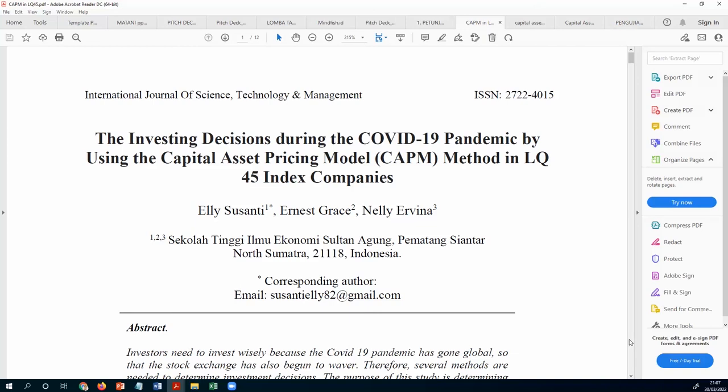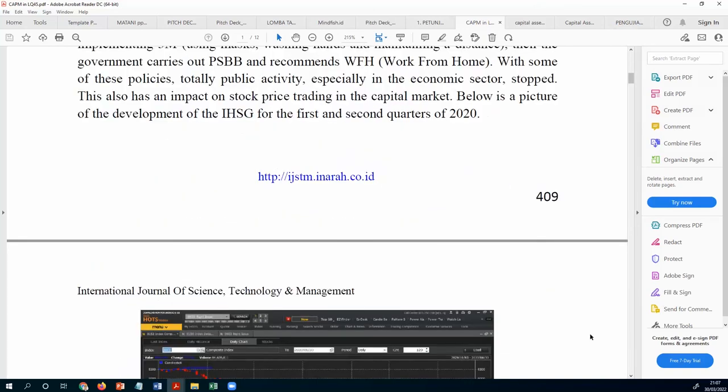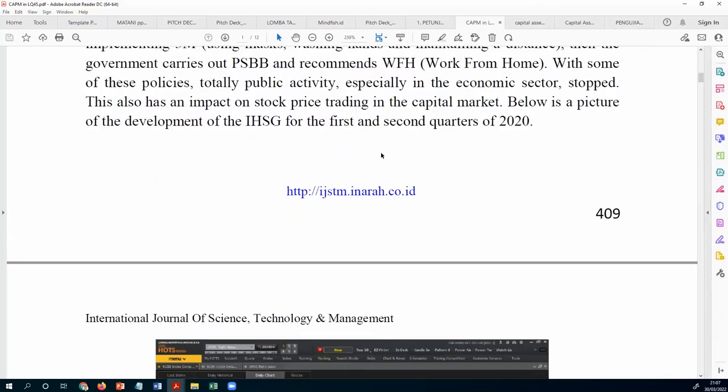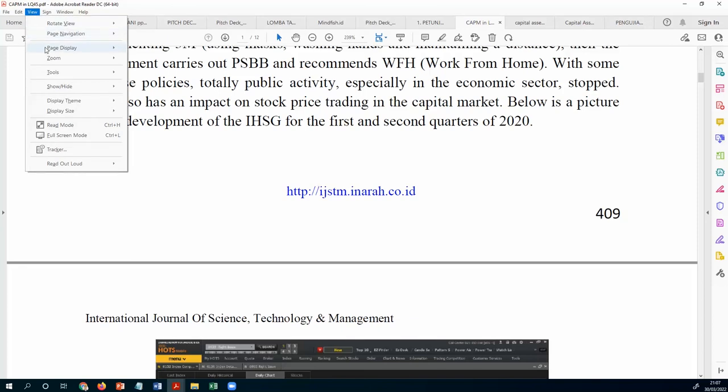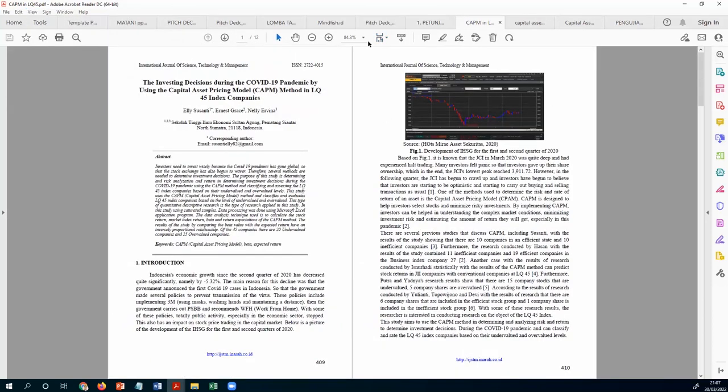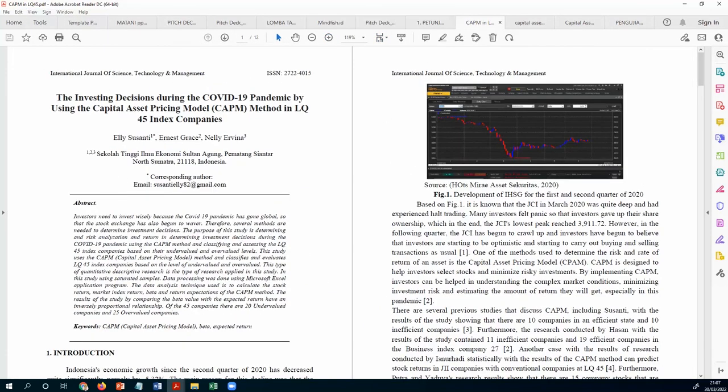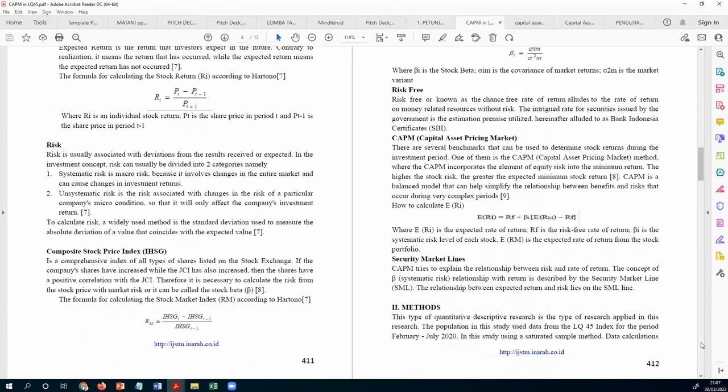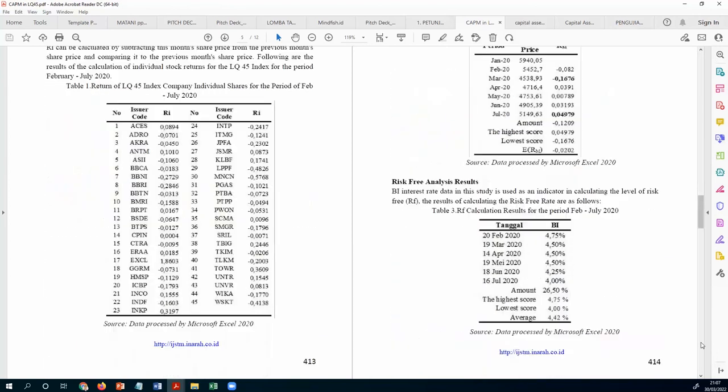So this is the capital asset pricing model. Let's say you have a lot of stocks. You want to calculate the beta. What is the return? Which one gives better return?